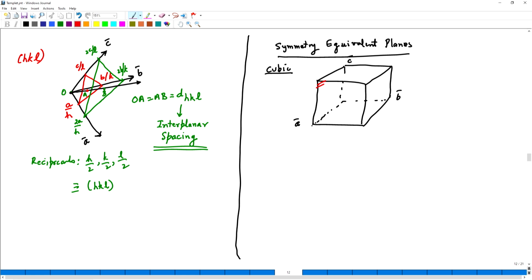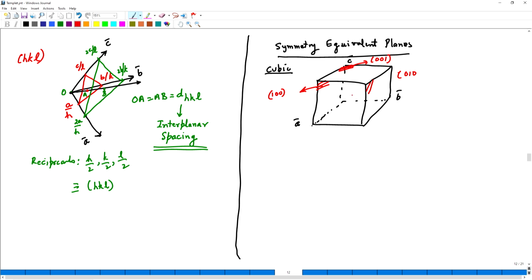Consider this plane whose Miller indices are 1 0 0. Consider this second plane, Miller indices 0 1 0, and this top plane, the Miller indices are 0 0 1. And of course, once we consider this front plane, the plane at the back, which is the parallel plane, would also be part of the set of parallel planes.